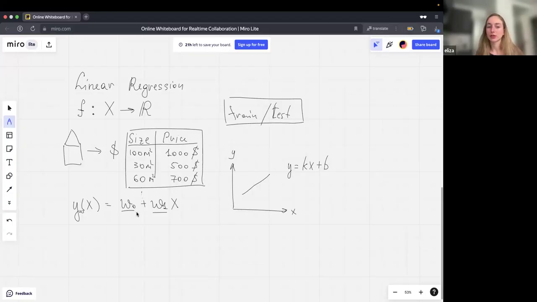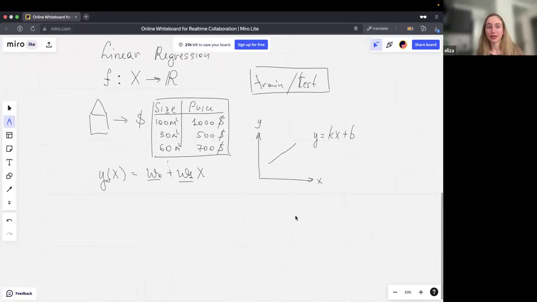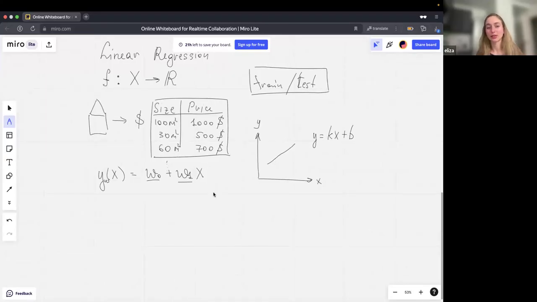It's really the same equation, but for another task. But we can consider it just like some line in space, and this line will describe your real estate.